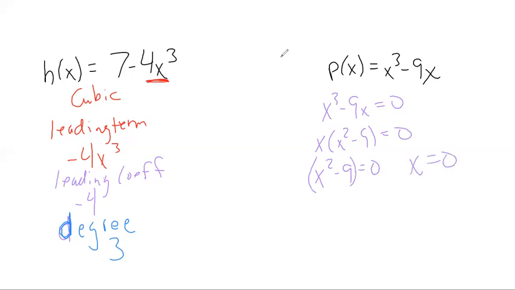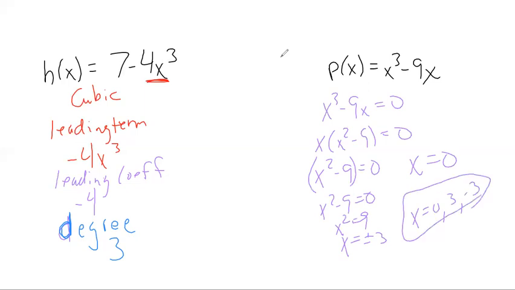X squared minus 9 equals 0. X squared equals 9. X equals positive or negative 3. And I have x equals 0. So the zeros of this function are very simple: x equals 0, 3, and negative 3. There you go.